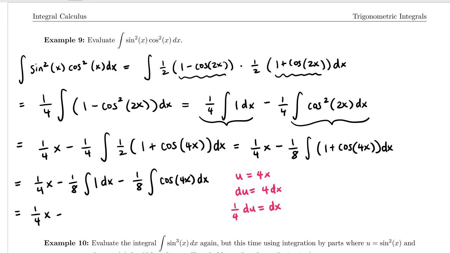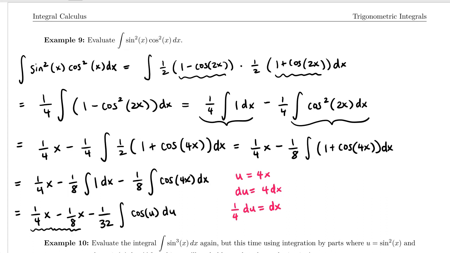So now I have 1/4 x minus 1/8 x, and then minus 1 over, I'm going to multiply the 8 and the 4 in the denominator, so that's going to be 32, and then we have the integral of cosine of u times du.